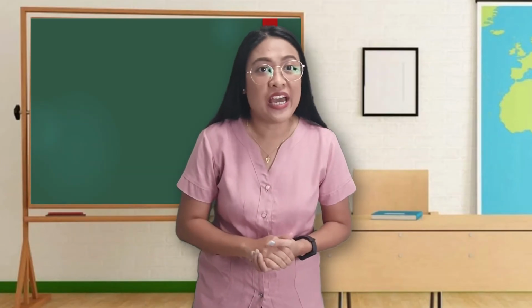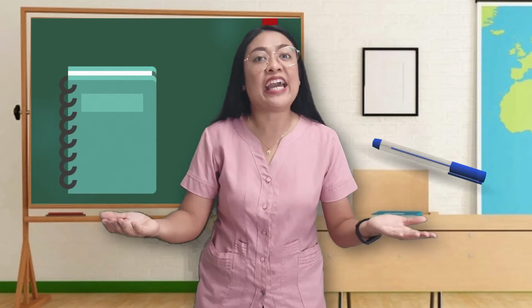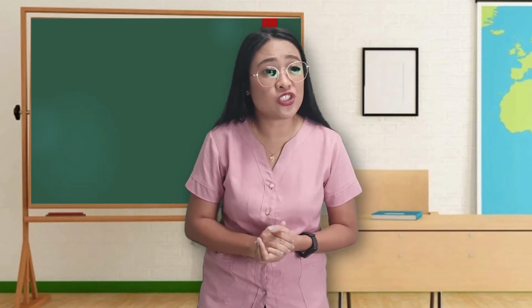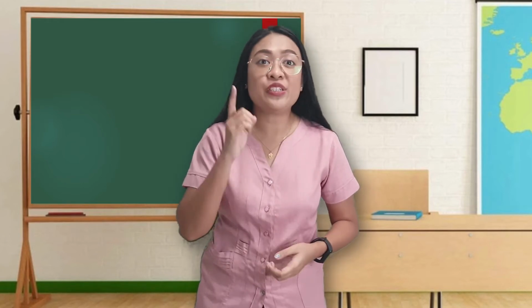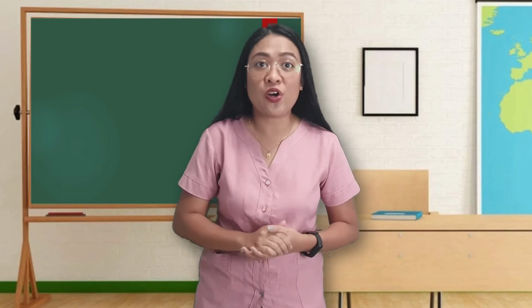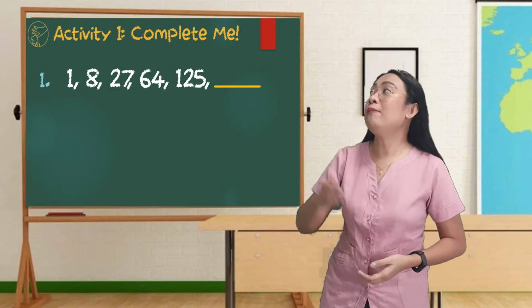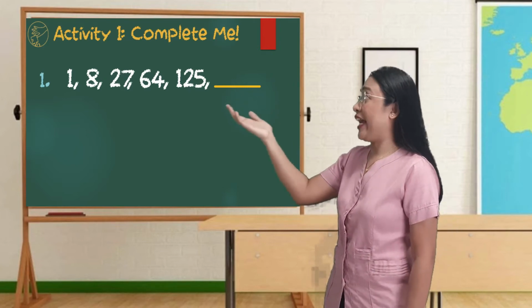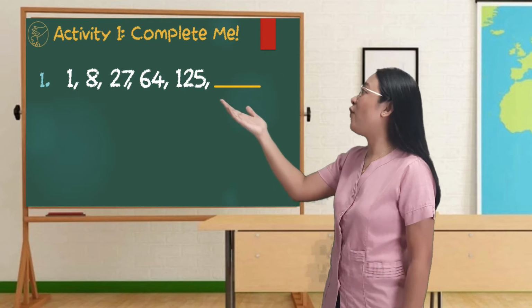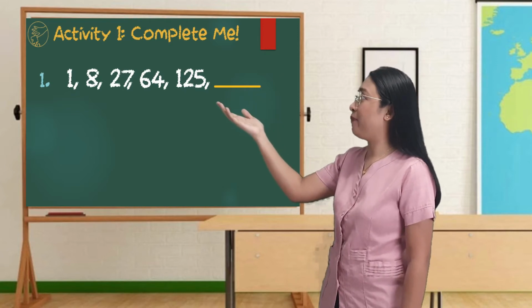As a review, get your notebook and pen and let us try this activity named Complete Me. For the instructions, make a conjecture about each pattern, then use the conjecture to draw or write the next term in the pattern. For number 1, the numbers are 1, 8, 27, 64, 125.